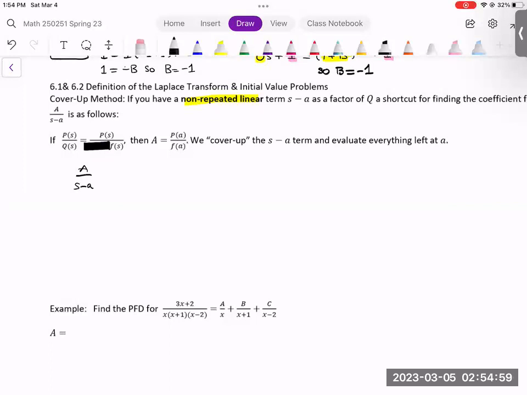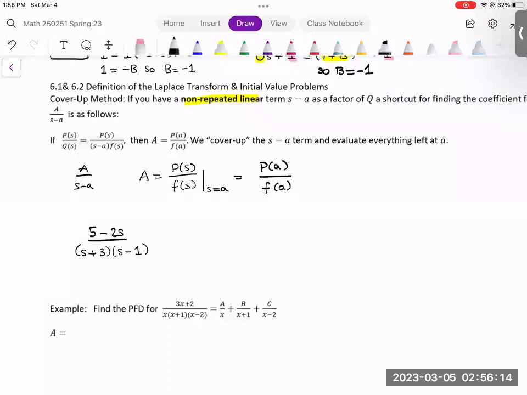And we're going to evaluate at the numerator over, well, everything else that was left over that didn't include S minus A. We're going to plug in this 0, S equals A. And so what that gives us here is the numerator evaluated at A over the denominator except for S minus A, evaluated at A.